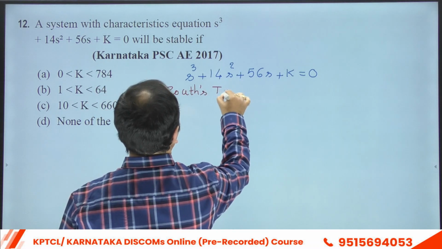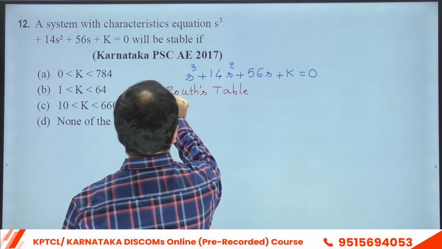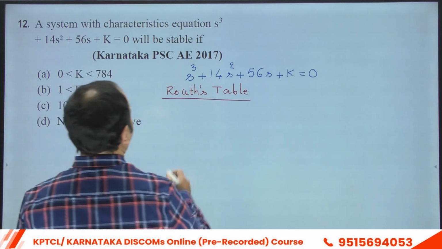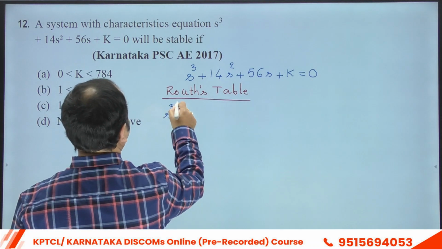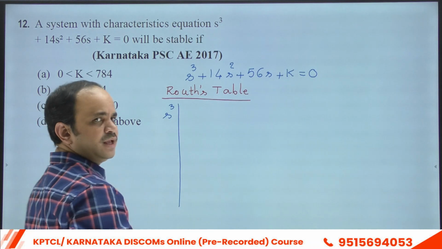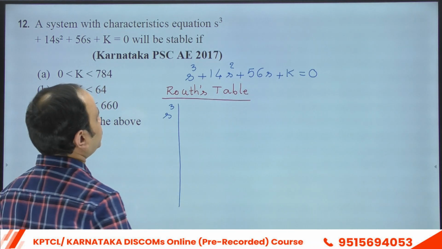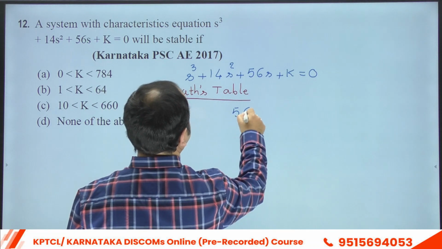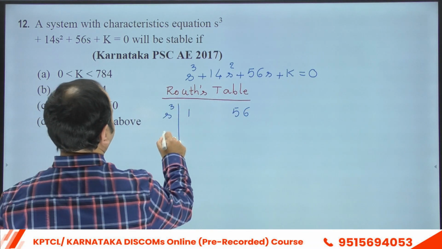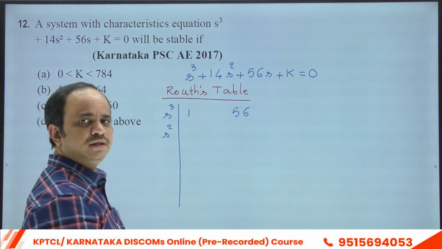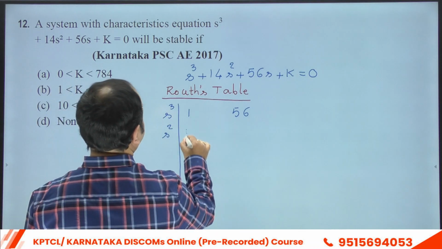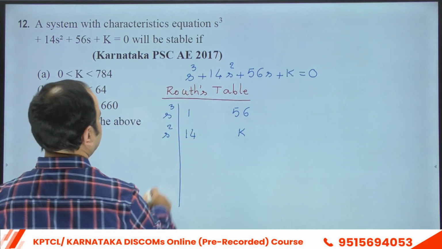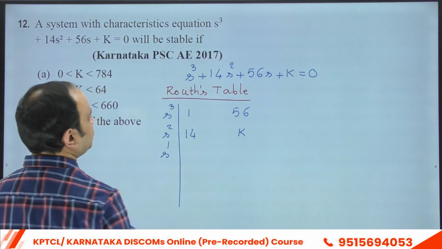How to write Routh's table? First, the row corresponding to S cube: the elements are 1 and 56. Now the second row corresponding to S square: the elements are 14 and k.